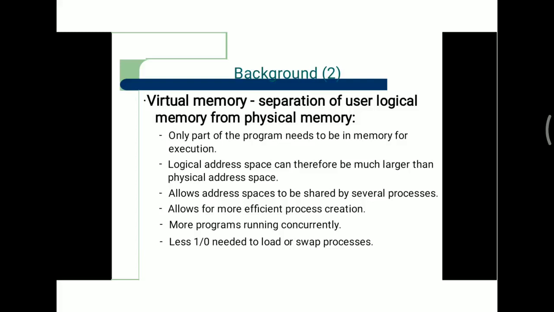Virtual memory allows more efficient process creation. It is more efficient compared to other memories. Programs run concurrently and without any breakdown, and less I/O is needed to load or swap a process. These are the background procedures of virtual memory.